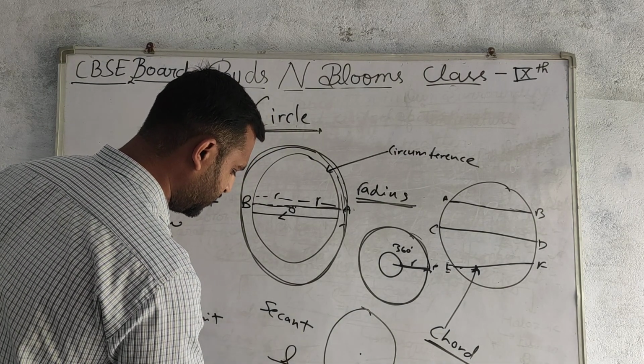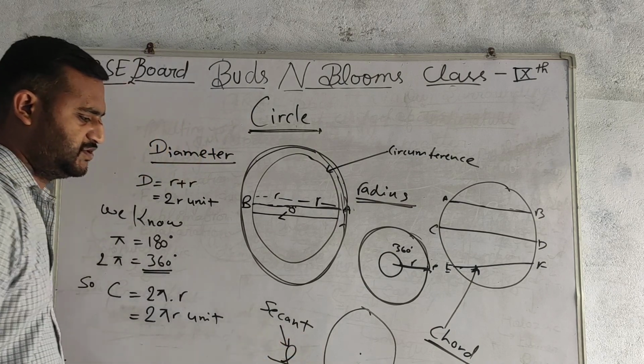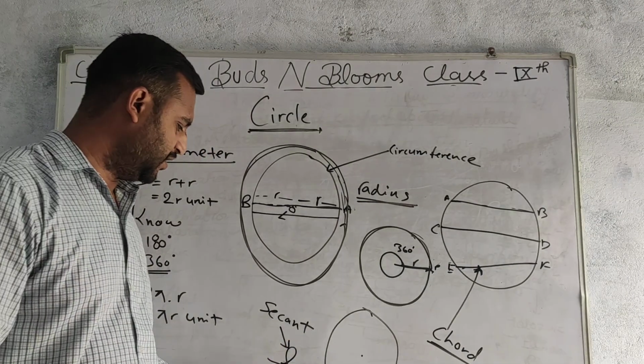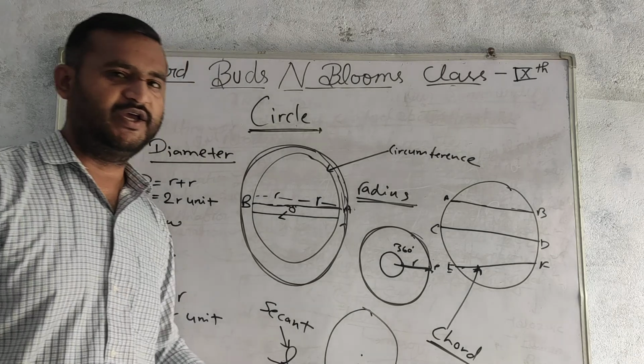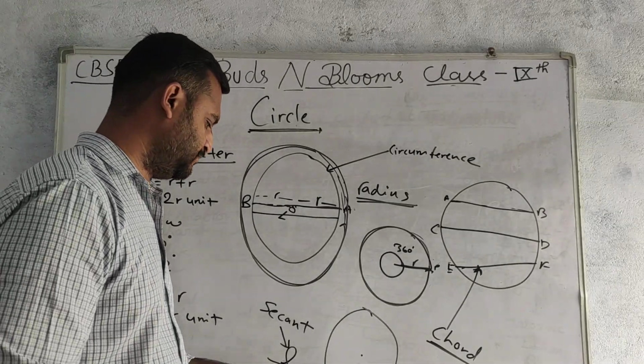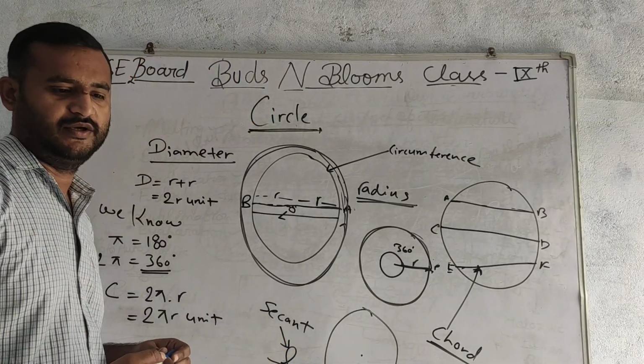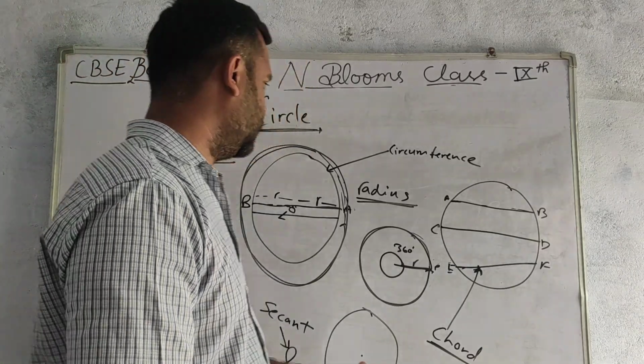So this line is called secant. So secant is that line which intersects a circle on 2 points. That line is called secant.